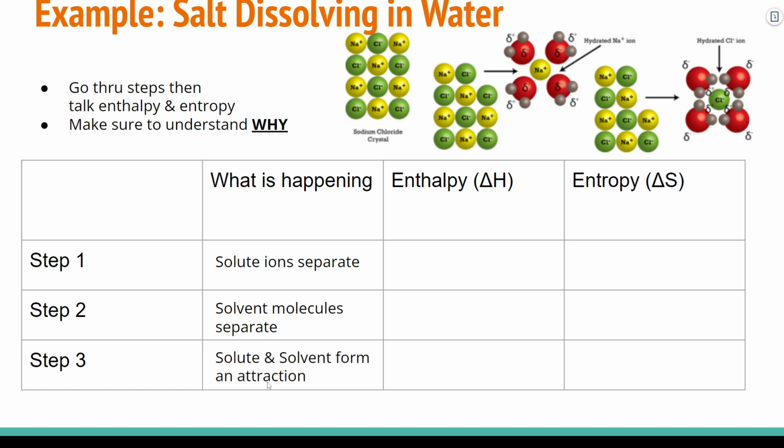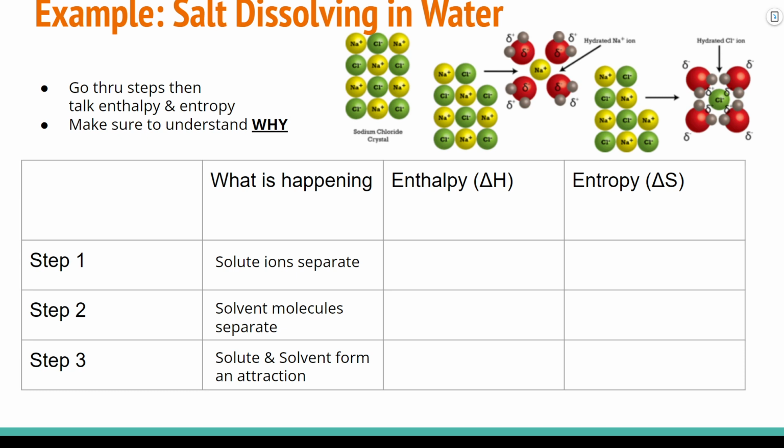And so then we have step 3, which is the solute and the solvent forming an attraction. So here you can see in the picture I'm showing right here, I have the polar negative side of the water and the positive ion interacting. So we have an ion dipole interaction, an IMF there.